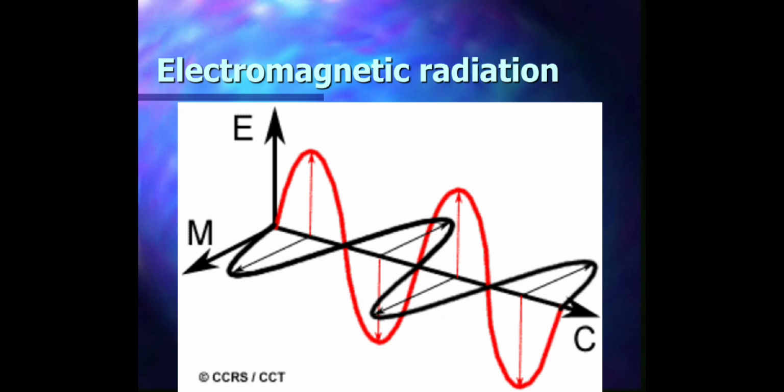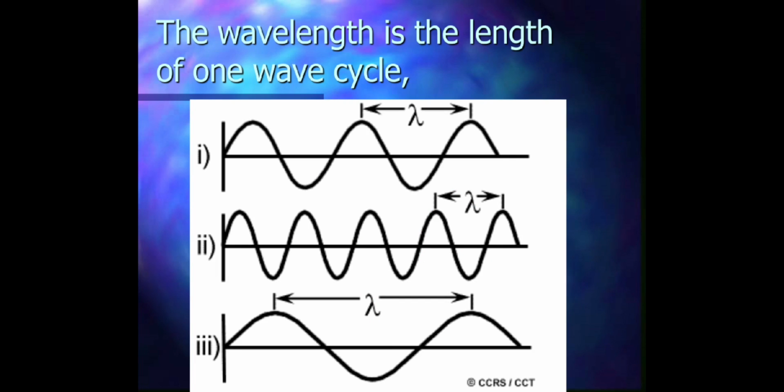Here the electromagnetic radiation is there. We can see in physics some graphs like this, frequency, magnitude and electromagnitude. This is the same graph. The symbol for wavelength is lambda, how much wavelength is there.